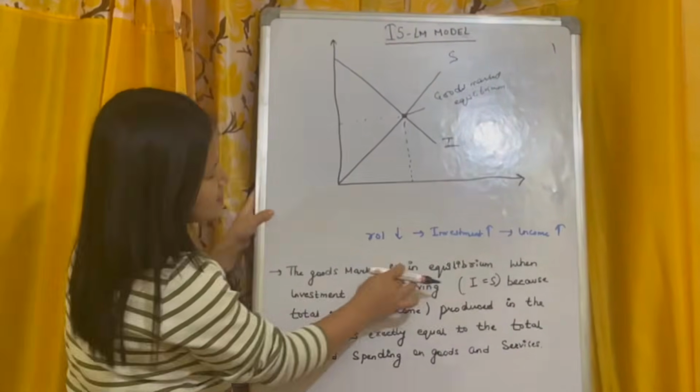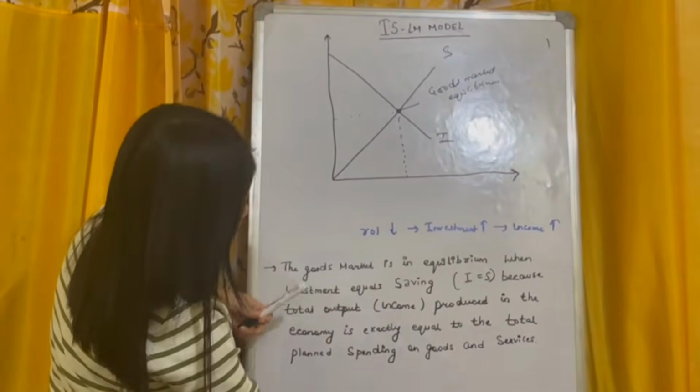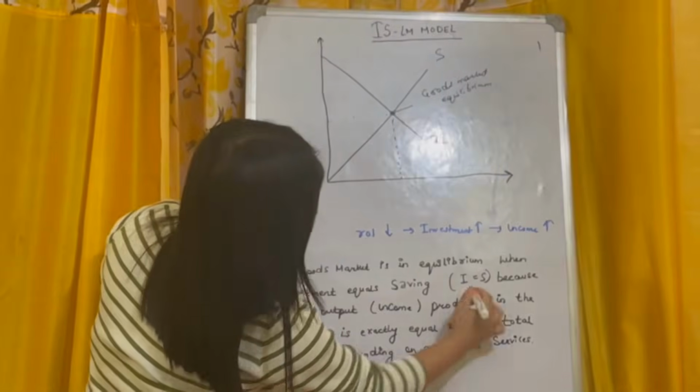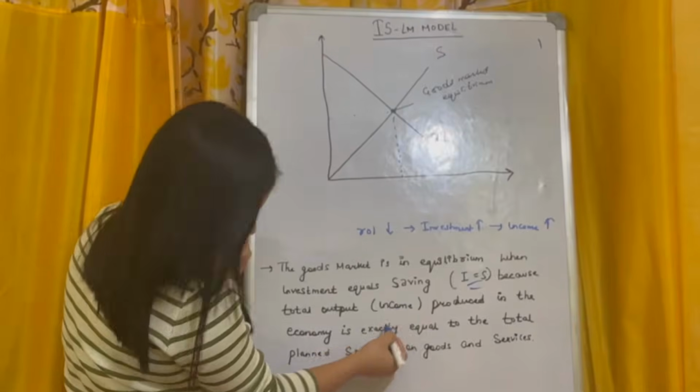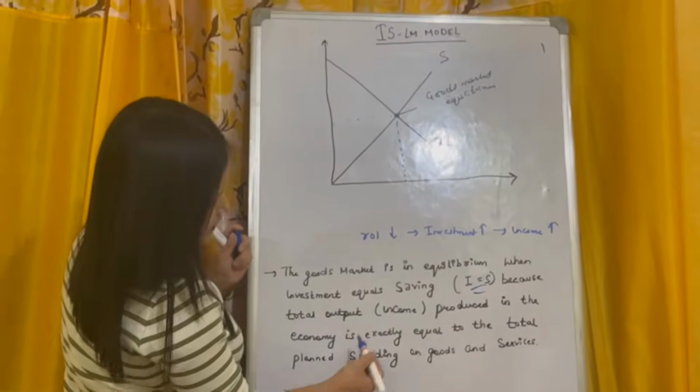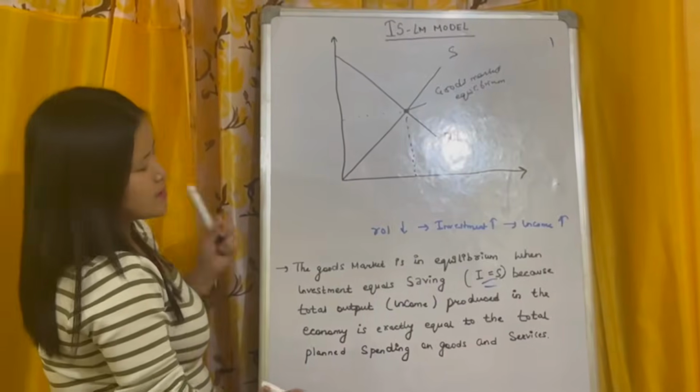The goods market is in equilibrium when investment equals saving, that is I equals S, because total output, our income produced in the economy, is exactly equal to the total planned spending on goods and services.